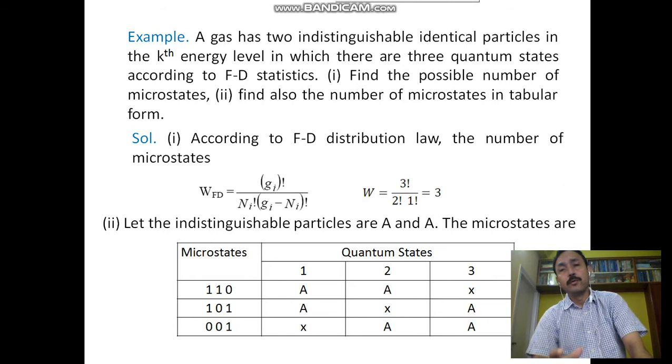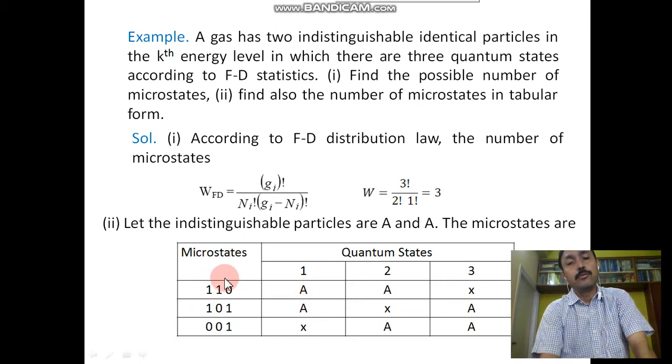So we have distributed these 2 particles in the 3 quantum states, and the microstates are AA0, A0A, 0AA, and the corresponding macrostates are 110, 101 and 011.